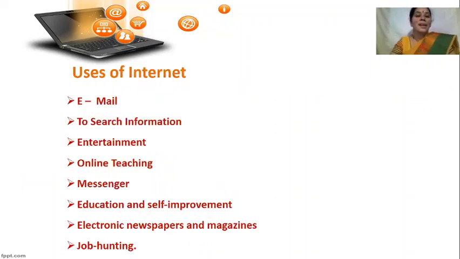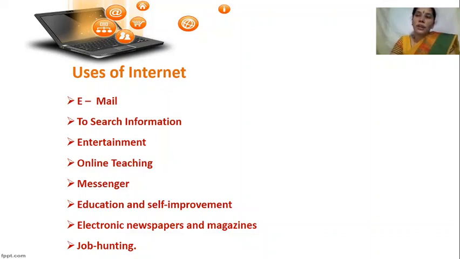Mainly we use internet for emailing, to search information, for entertainment, and for online teaching. Nowadays you can see we get connected to each other through online teaching. Then we chat with friends and relatives. For educational purposes, if you want to do further studies or any other courses, we look online.